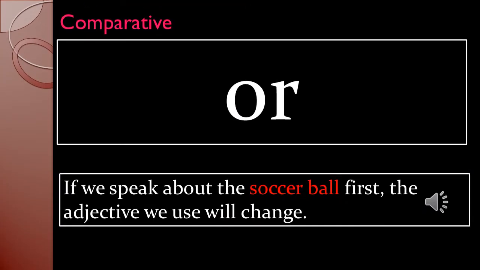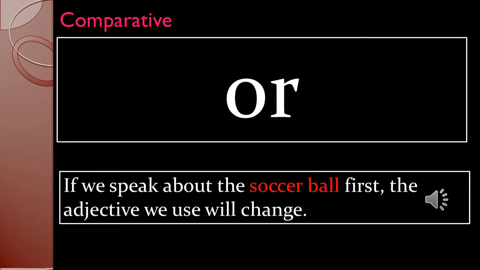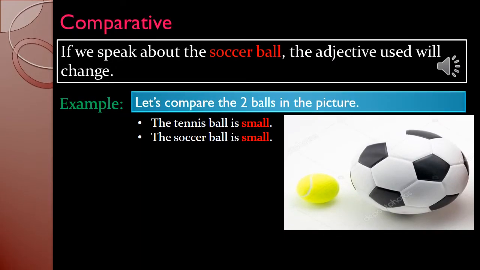Okay, and just like in many rules in English, the thing we are talking about will define what type of adjective we will use, if it'll be comparative or a superlative adjective. So if we speak about the soccer ball first, the adjective we use will change. So again, our simple sentences remain the same.